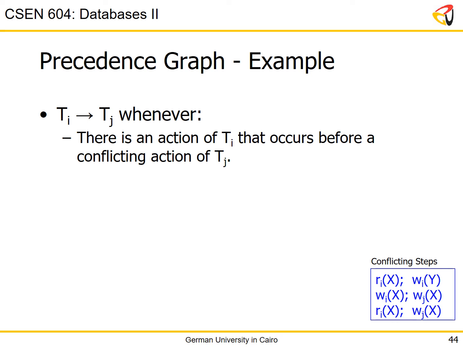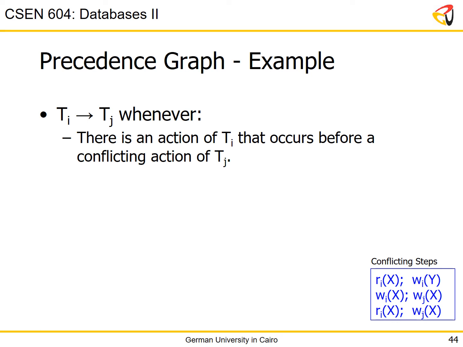Okay? So this implies there is an action of Ti, or transaction I, that occurs before a conflicting action of transaction J. The way this works is that we are going to look at a schedule and find the conflicting steps. When we see a conflicting step, we know that we cannot change its order.